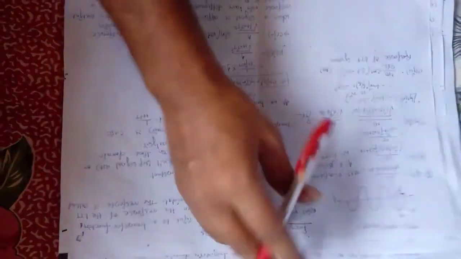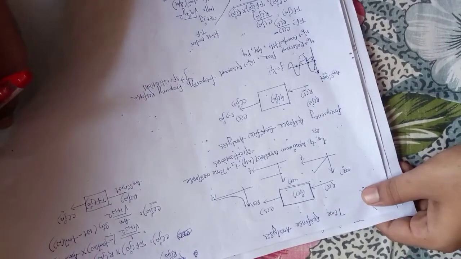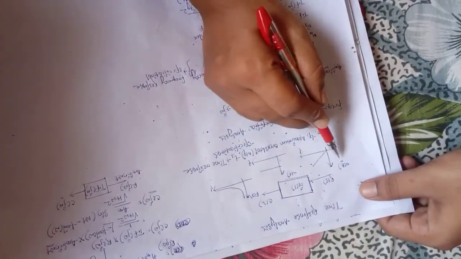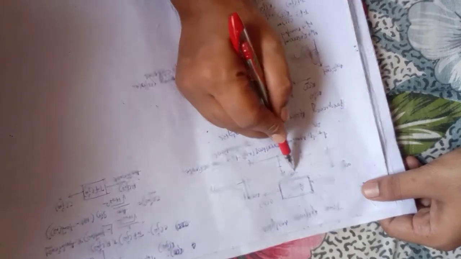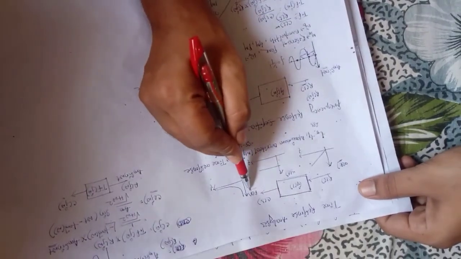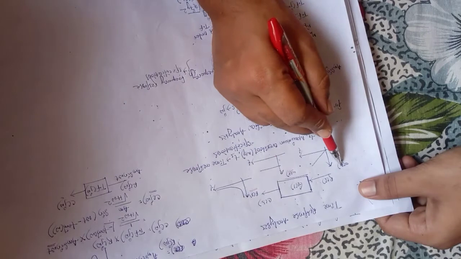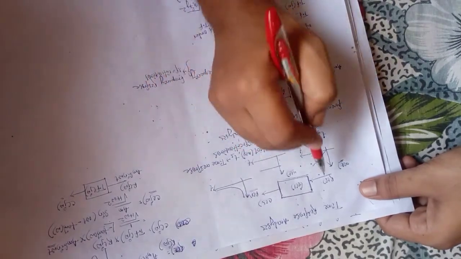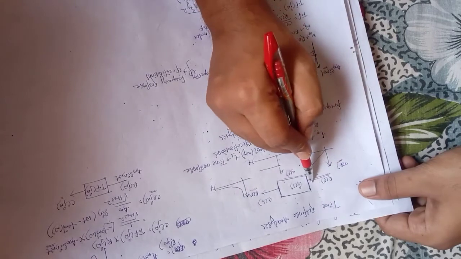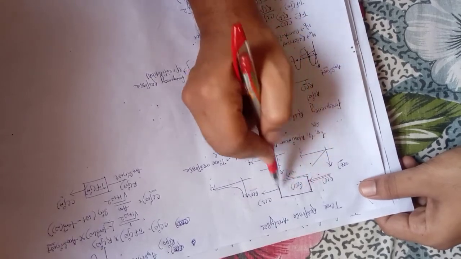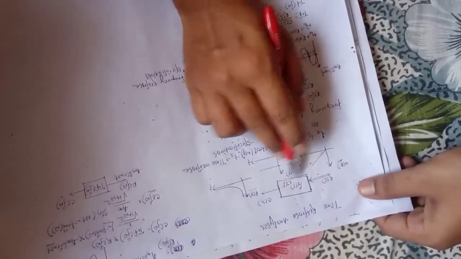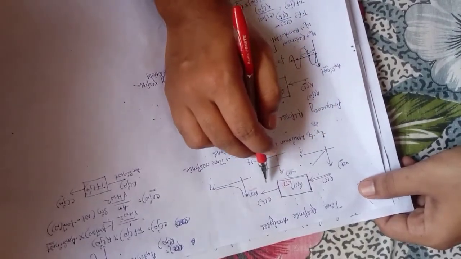So first we will study time response. What is time response analysis? Whenever the input signal is a ramp signal, unit step signal or parabolic signal, it is a function of time, that is, the signal is varying with respect to time. Whenever the input is in the time domain and it is given to a linear time invariant system, LTI system, the output is also in the time domain.